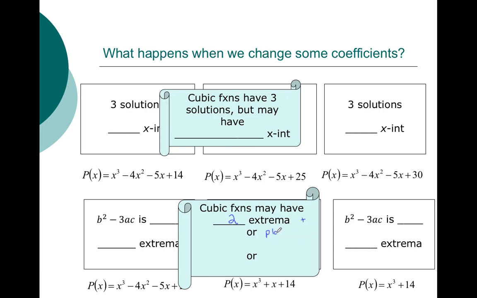Or a plateau, when your Dilation value is 0. Or something we call neither. I don't like these names, but I didn't make them up. When b squared minus 3ac is negative.